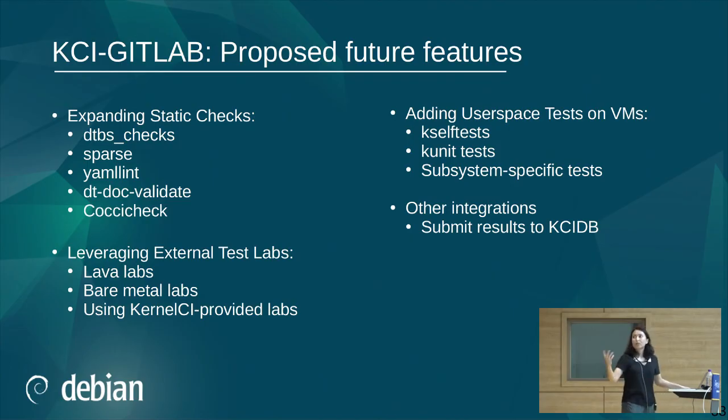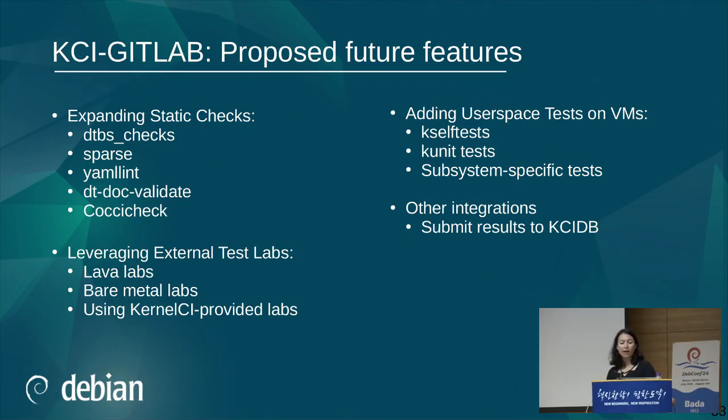So, proposed future features: we would like to expand the static checks here. The kernel provides a lot of static checks, such as DTBS checks, parsers, YAML, dt-doc-validate, code check, and several others. We can also leverage external testing labs. Similar to what DRM already does, we can connect to LAVA labs, or we can connect to other bare metal labs.